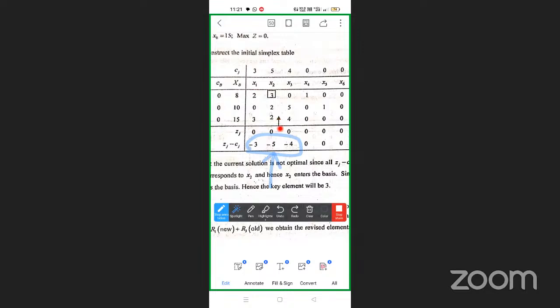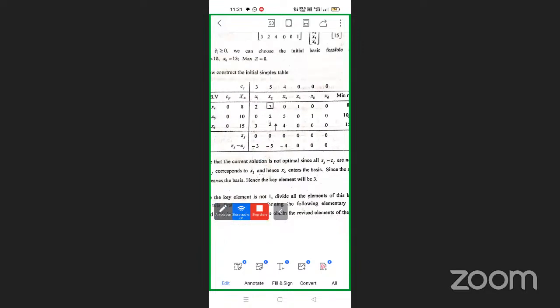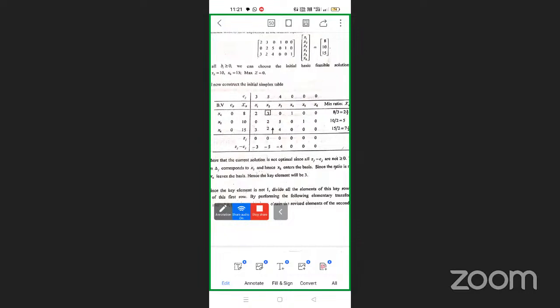Next, the leaving variable. We can identify the leaving variable by using the minimum ratio. How to calculate the minimum ratio: it is xB divided by x2, the entering variable column. x2 is the entering variable because among all the negative values, the least is minus 5.